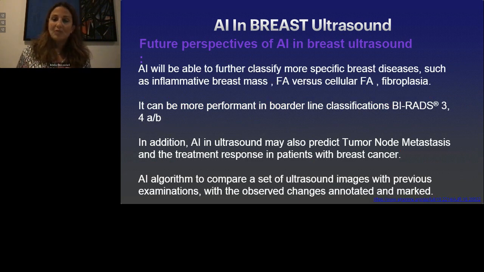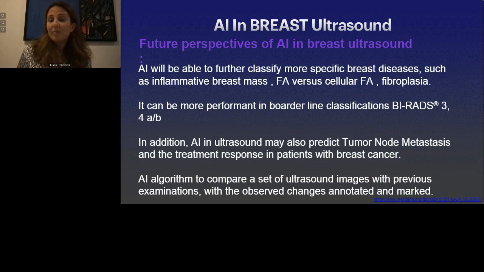I believe that with this extraordinary capability of analyzing features, it will not be only about benign and malignant. It will be able to do far more than that. For example, it may be able to classify stromal fibrosis, sclerosing adenosis, and inflammatory breast tissue disease that we're sometimes confused with.